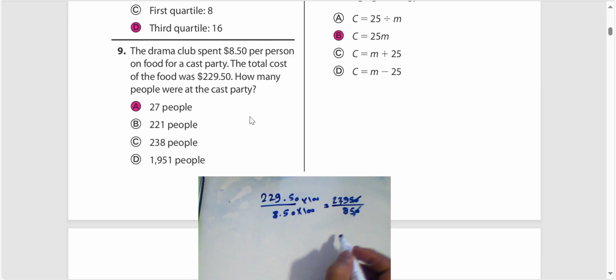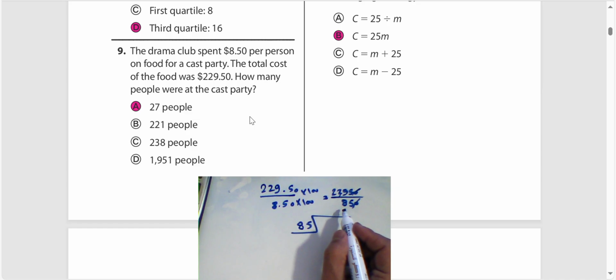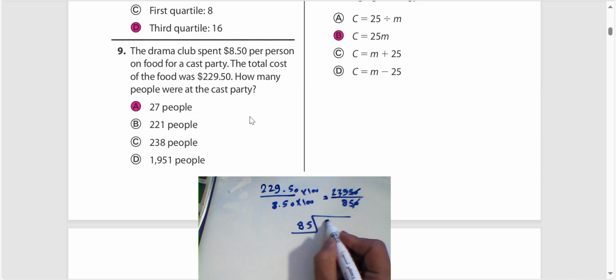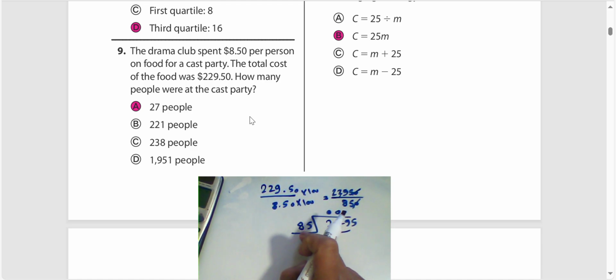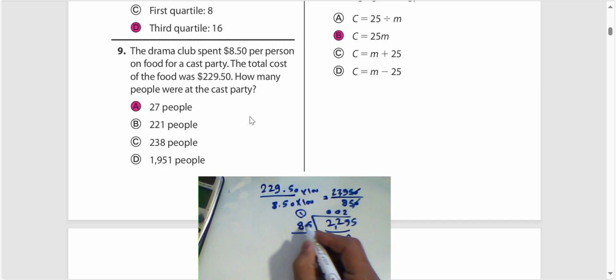We can cancel 0 by 0, and then we can divide 85 into the dividend, 2,295 divided by 85. We write 85 as the divisor and 229 as the dividend. We write 2 times 5 is 10, 0 and carry 1. 2 times 8 is 16 plus 1 equals 17.